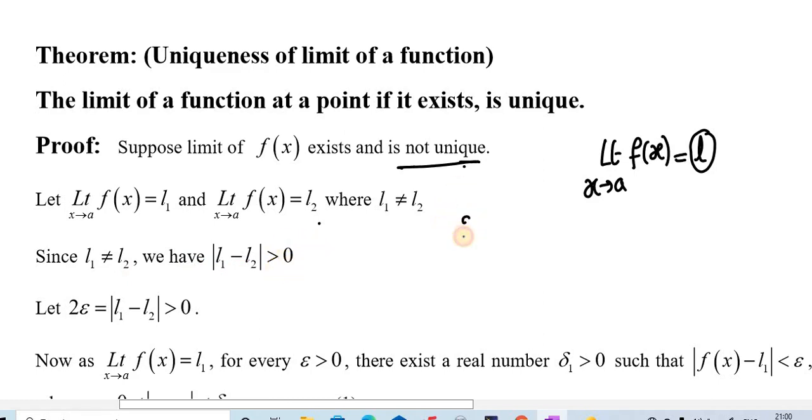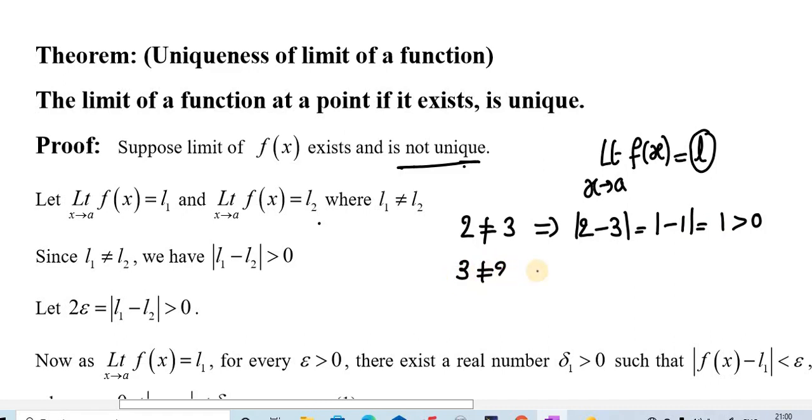So observe, 2 is not equal to 3. So modulus of 2 minus 3, that is modulus of minus 1, that is 1, greater than 0. If we take the combination 3 not equal to 2, in this case also 3 minus 2 is 1, mod 1 is 1, so this is greater than 0.